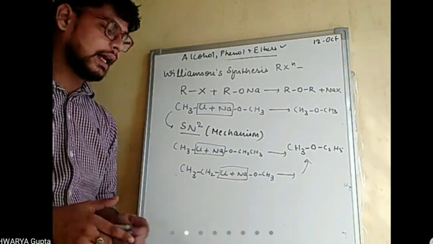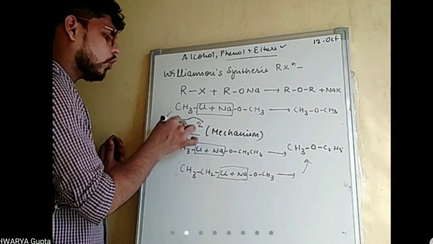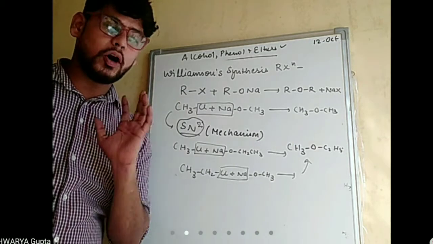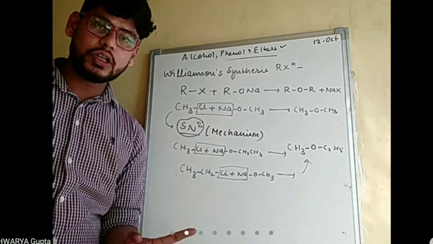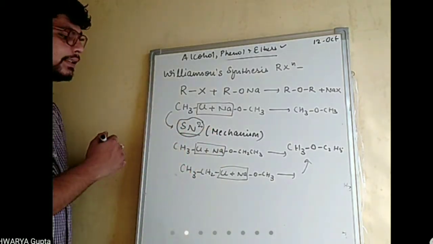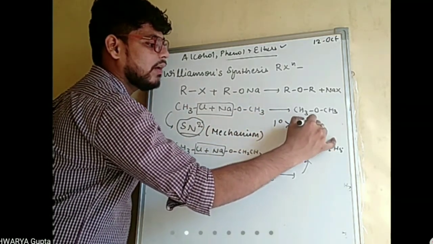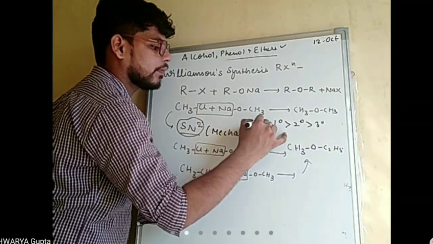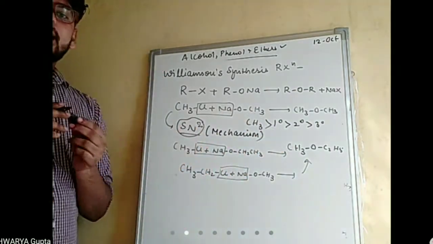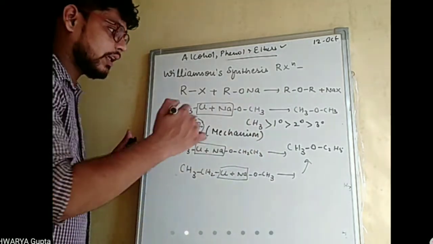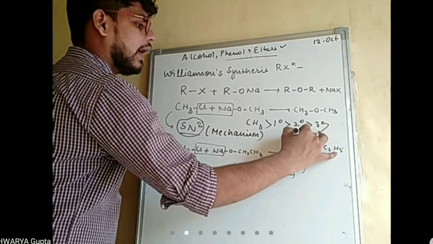Since this also follows the SN2 mechanism, that is the bimolecular nucleophilic substitution reaction, in the case of SN2 the reactivity order of the alkyl halide is this one: CH3 is highly reactive, then primary, then secondary, and tertiary.